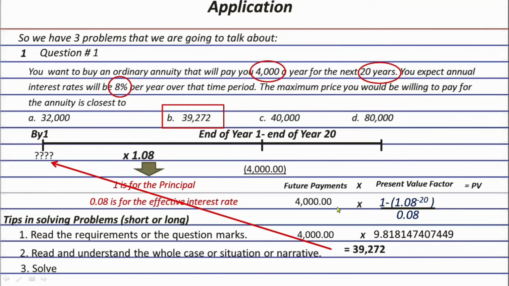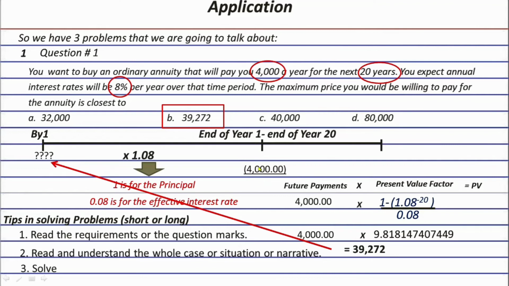Okay? Now, that's the application of the 3 steps in answering problems to question number 1. Well, guys, you can actually use the long solution, in which you can draw a timeline for 20 years. And as if this is the end of the 20th year, then this should be 0.